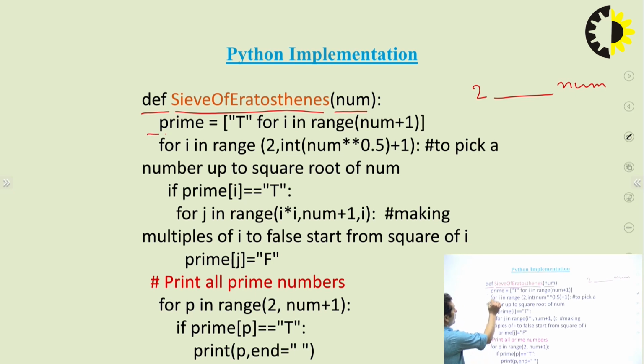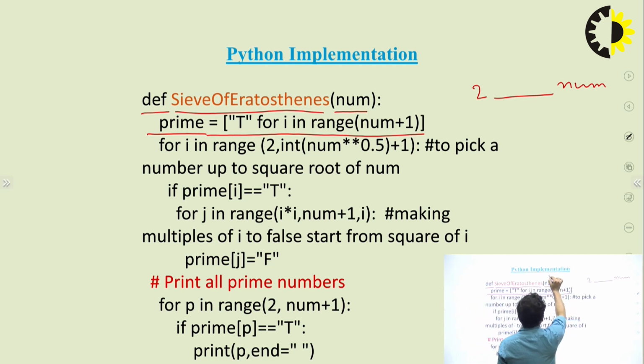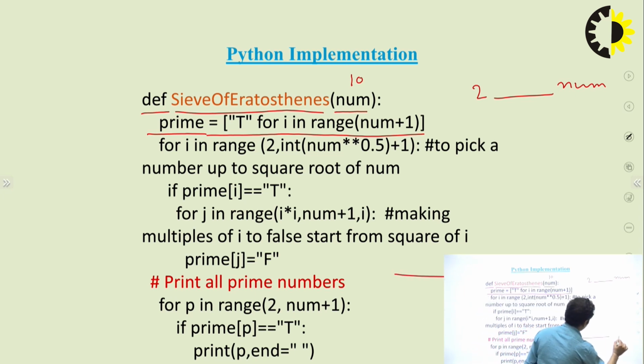Now the prime is the list of primes. We make the list by using the concept of list comprehension. This is the list comprehension technique to generate the list. Just guess, in the previous case num is 10, so this will generate i in range 0 to 10.